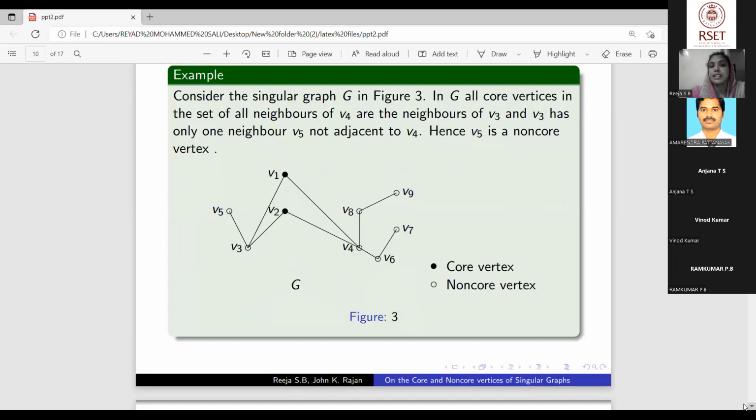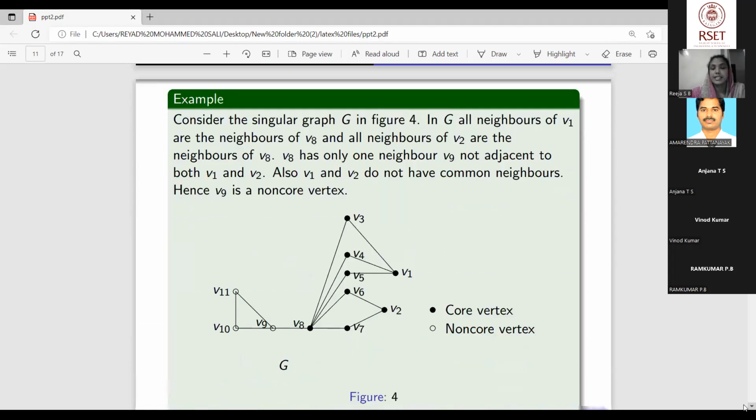Example, consider the singular graph in figure 3. In G, all core vertices in the set of all neighbors of V4 are the neighbors of V3, and V3 has only one neighbor, V5, not adjacent to V4. Hence, V5 is a non-core vertex. Example, consider the singular graph in figure 4.